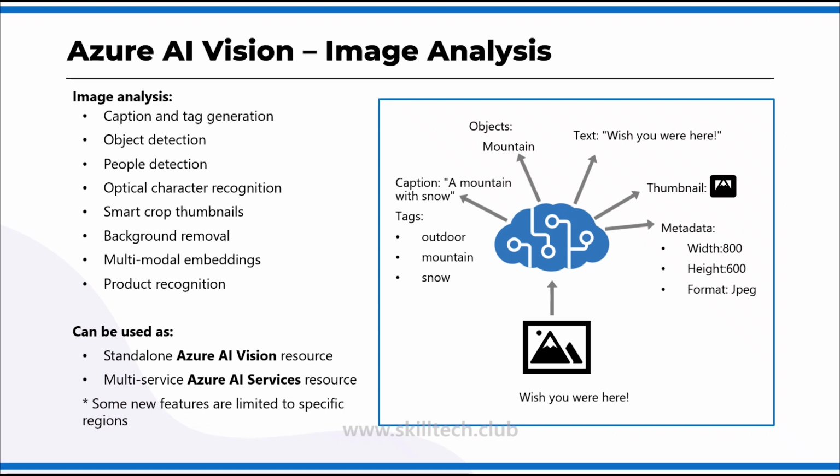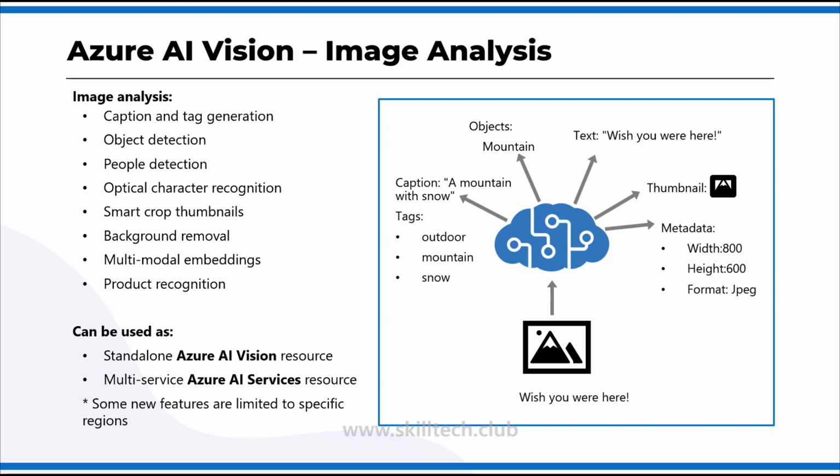Now, image analysis is at the core of AI Vision, and it should be framed as such. We have a service which allows you to do image analysis, and it also helps you do optical character recognition. When we say image analysis, ultimately you're going to provide an input, which is nothing but an image. Once you provide that image, the Azure AI service is going to detect multiple things inside it. It's going to generate captions and tags for your image.